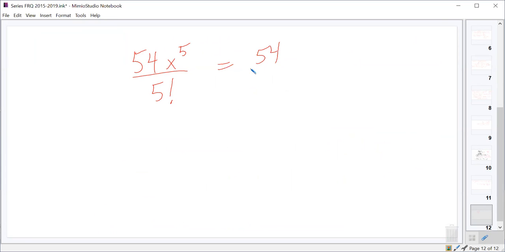So just 54 over 5 factorial, which is 54 over 120. Which is what? Is it 0.45 exactly? Great. Good?